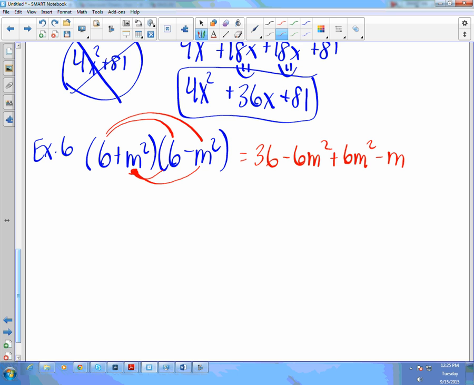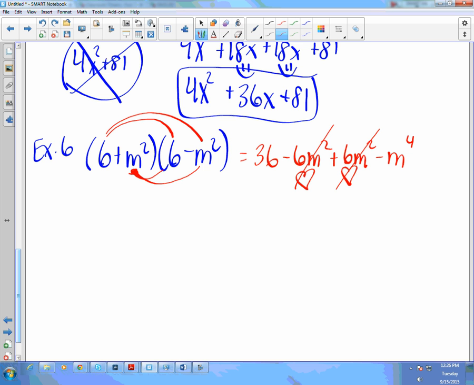We have a positive times a negative, so negative m to the 4th. Then we combine like terms in the middle. Negative 6m squared plus 6m squared, that's negative 6 plus 6, 0.